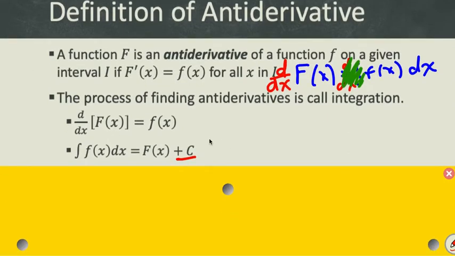Now, another thing that I want you to notice is that our integral symbols don't have any numbers. We're not going from a to b. You'll understand more why later on. But right now, these are called indefinite integrals. When you have the numbers there, those are called definite integrals, as we saw in the notes from previous sections.